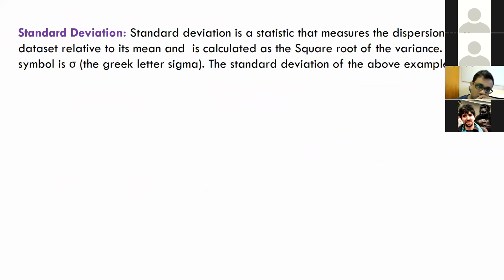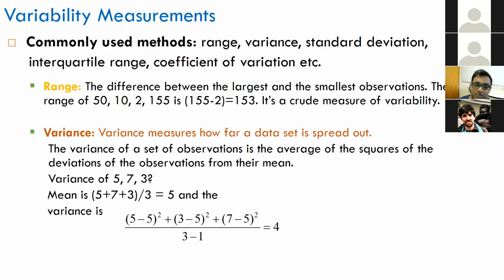But the most common variation method is called standard deviation. Why did I explain variance first? Because variance and standard deviation are closely related. You can calculate the standard deviation from variance, and you can calculate the variance from standard deviation.